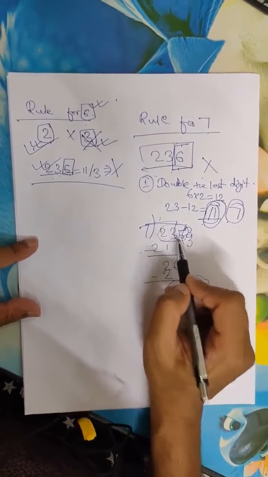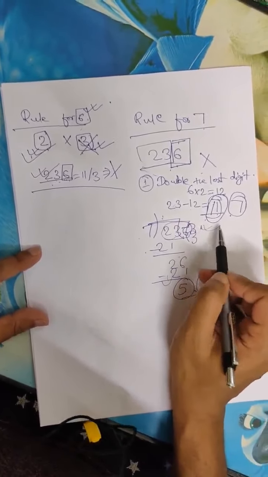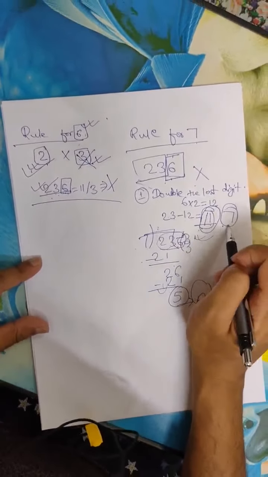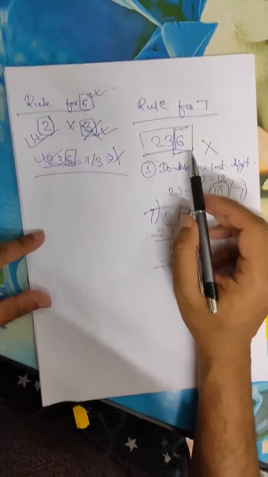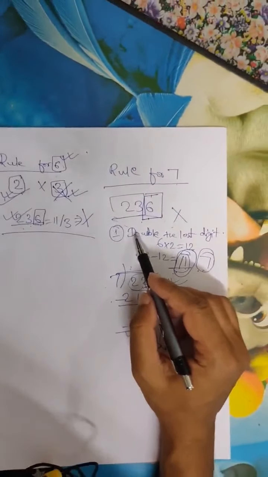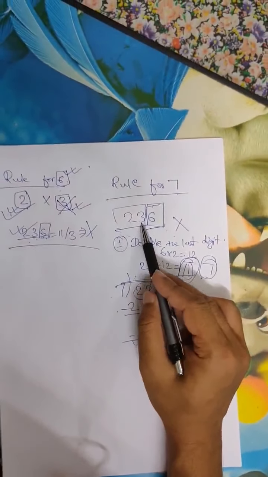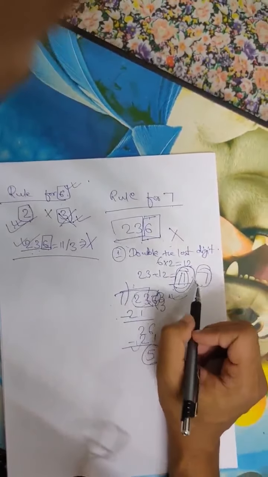This number is not divisible by 7, hence it's proved, and it's proved here also. We proved that 11 is not divisible by 7. So the rule for divisibility by 7 is double the last digit and subtract it from the remaining number. The remaining is 23. 23 minus double of the last digit is 11, which is not divisible by 7.